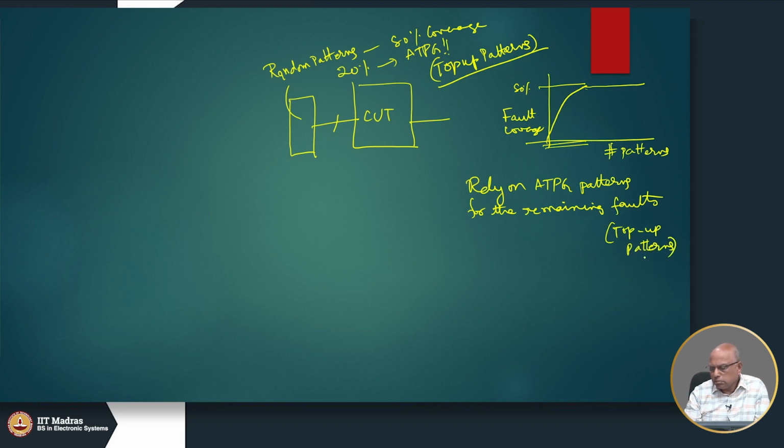And the smaller the number of top up patterns, the better, because if I had to apply the top up patterns, I will need a tester. But because the number of patterns is smaller, maybe a lower cost tester will suffice.